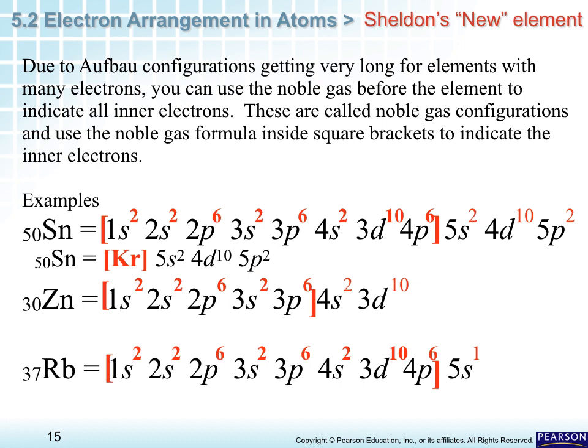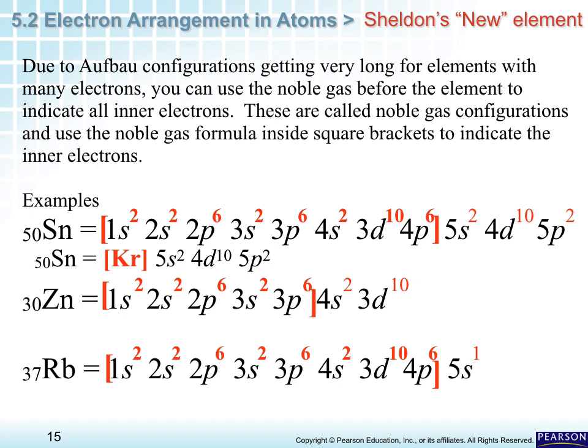That 1s2, 2s2, 2p6, 3s2, 3p6, 4s2, 3d10, 4p6 is 36 electrons. So instead of having to write all of that from 1s to 4p, I just put the symbol Kr, which is krypton, in brackets. Those square brackets tell me that the inner electron shell, the 4p6, the fourth energy level, is completely filled up to krypton.